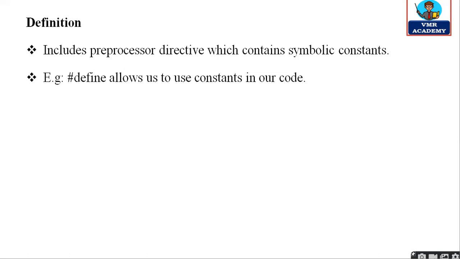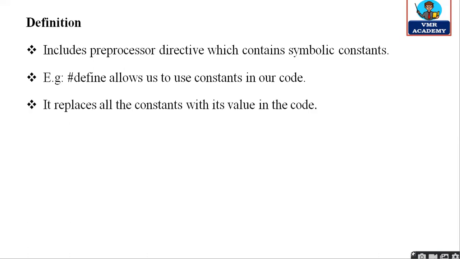It allows us to use constants in our code where you define some value for a variable, and it replaces all the constants with its value in the code. As I said, if I give hash define I is equals to 10, wherever the I value is there in my program, it will take the value as 10. So this is nothing but your definition.